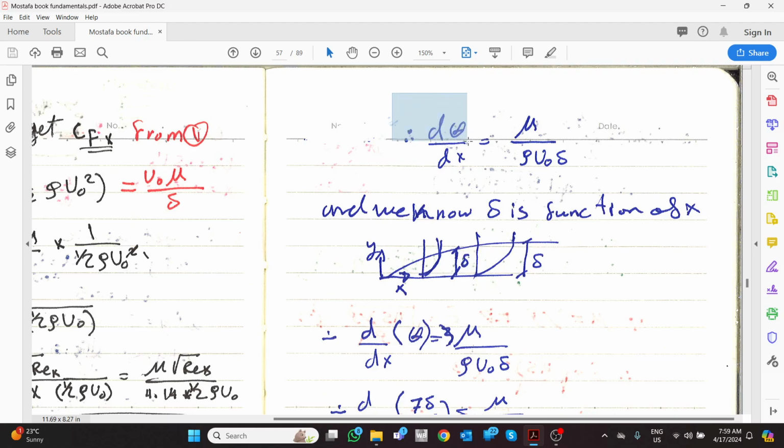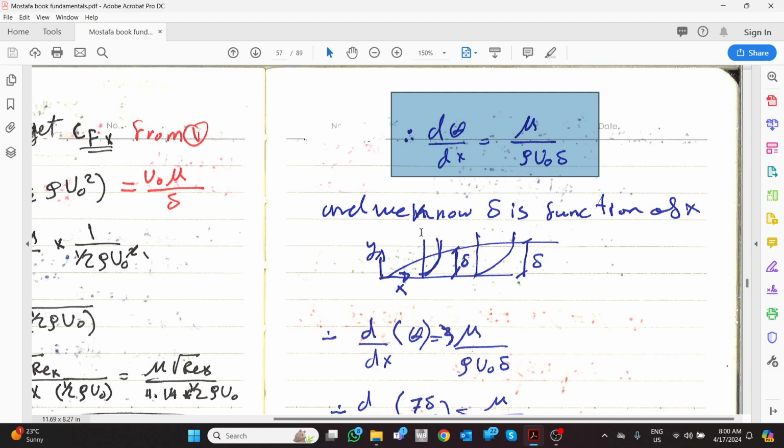You remember we did some manipulation like this before when we were dealing with the continuity equation and Navier Stokes, because we know dB by dx is a function of x, and we manipulated the continuity equation to get the dx away. We'll do the same mathematical manipulation.